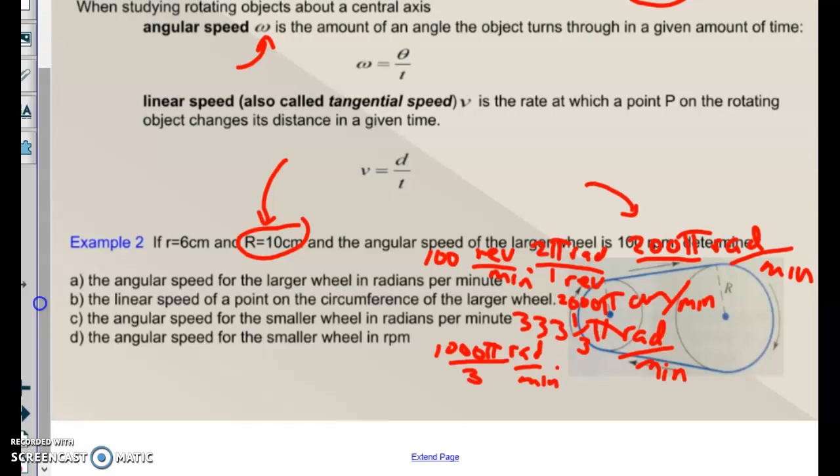So I'm going to change it by taking 1 revolution is 2 pi radians. So I'm converting back. And so I get 500 thirds revolutions per minute. So we're just manipulating back and forth.